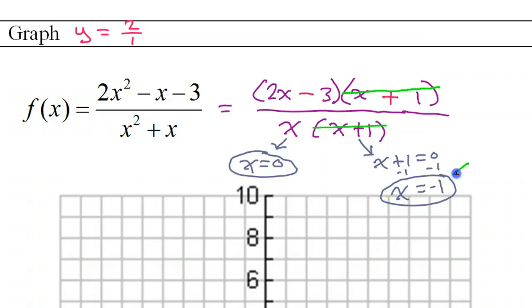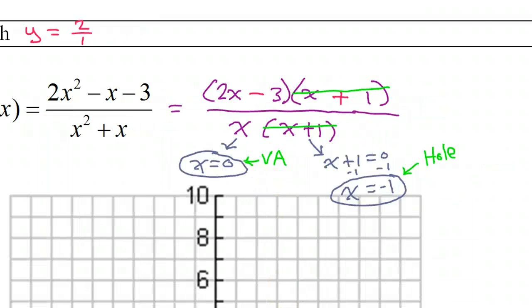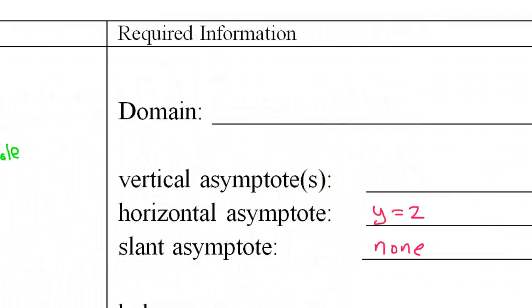So this one is going to give us a hole, because the factor cancels out. This one is going to give us still a vertical asymptote. So let's go ahead and write down the vertical asymptote, x equals 0. Okay, so x equals 0 is a vertical asymptote, the only one.